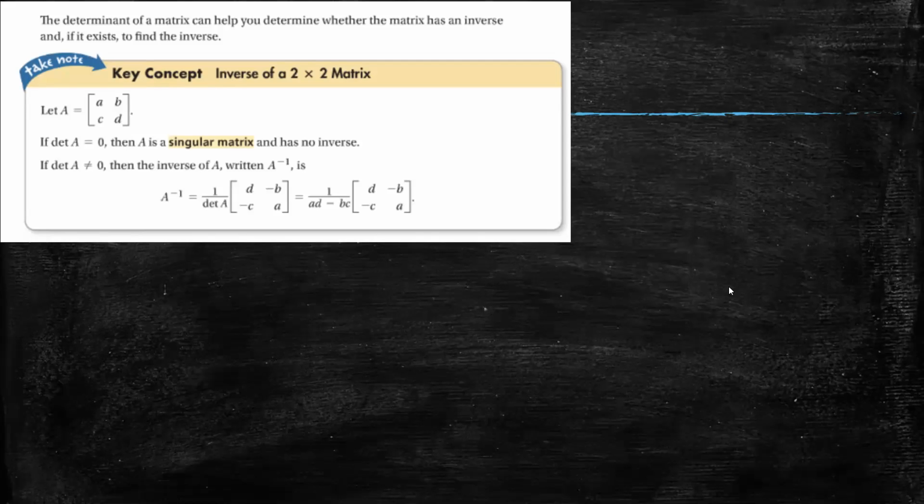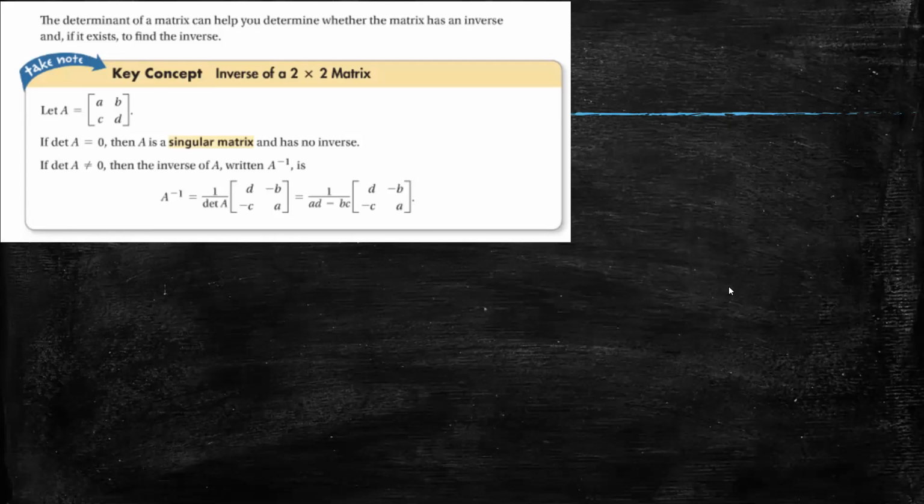If the determinant of a matrix equals 0, we call it a singular matrix and there's no inverse for it. But if the determinant is not 0, to find the inverse, you will say 1 over the determinant of A times this matrix. Let's see now how we can find it.